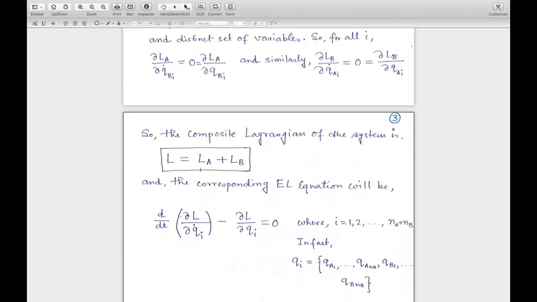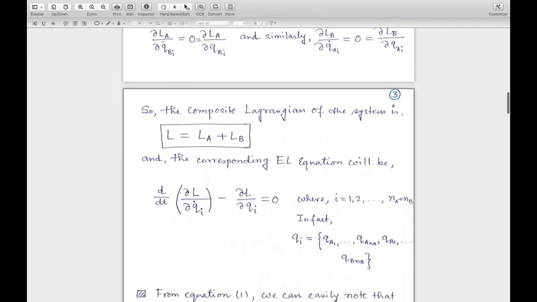Remember, I am not saying LA plus LB, I am simply saying αLA plus βLB, right? But here i will range from 1 up to nA plus nB.